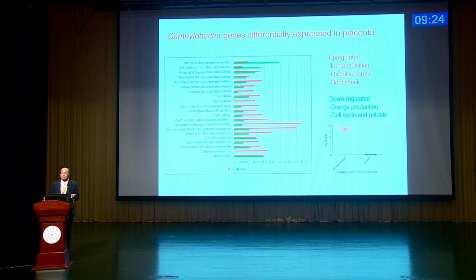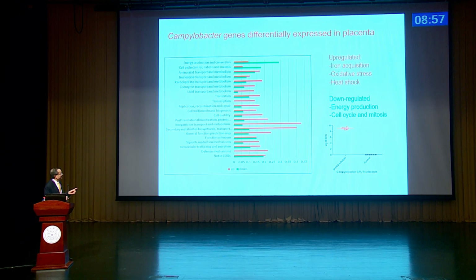On the bacteria side, we were also interested in what changed with Campylobacter in the placenta. We found that, again, many pathways changed. The most significantly upregulated were iron acquisition, oxidative stress, and heat shock. This is not too surprising, because once Campylobacter gets into the host, it has to compete with the host for iron.